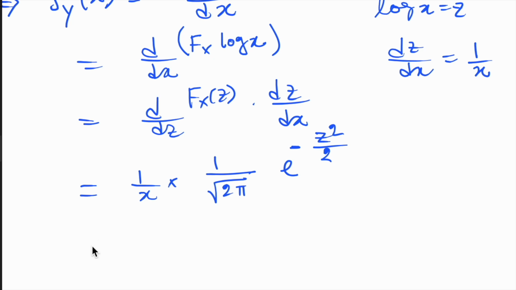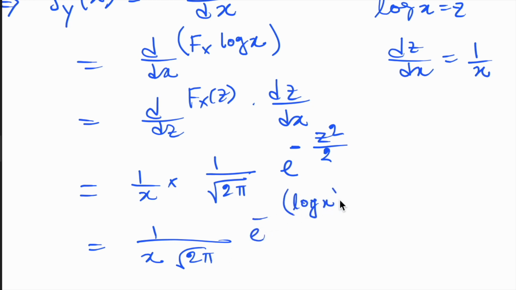And what is the value of z square? So 1 by x root 2 pi e to the power minus (log x) square by 2. So this distribution is nothing but the log normal distribution.